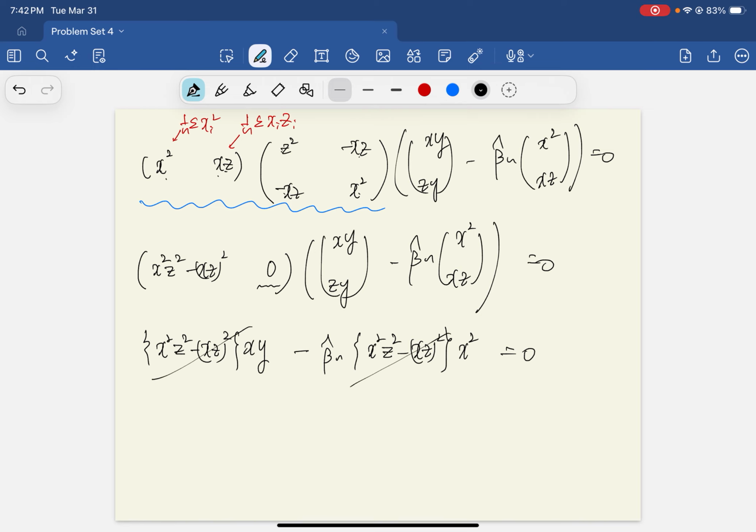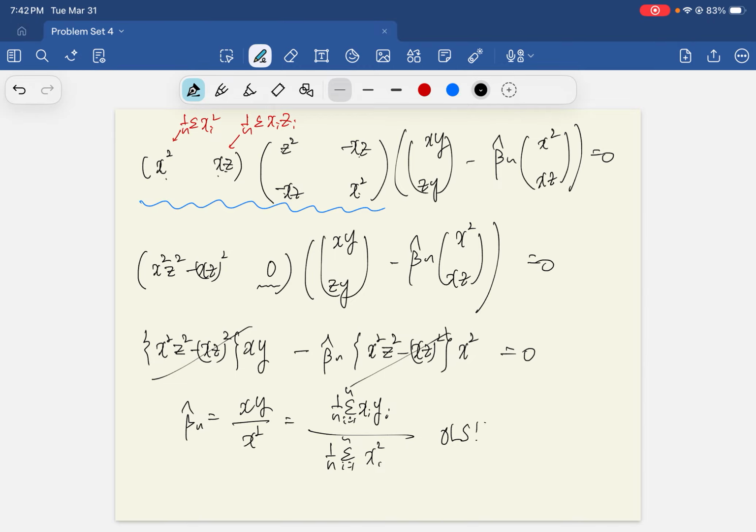It will go away, right? We know again this is not 0. So that means in the end beta hat n is xy over x squared. Remember, in our notation it was this. Okay? And you know this is OLS.